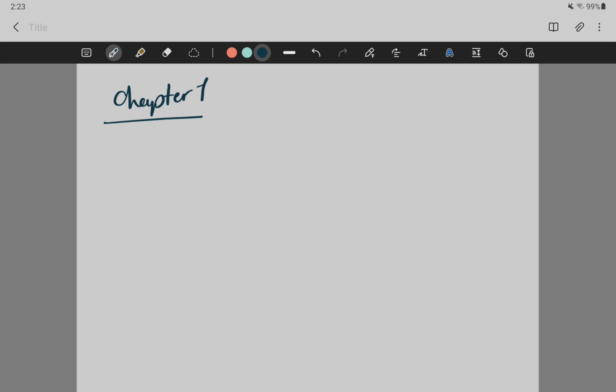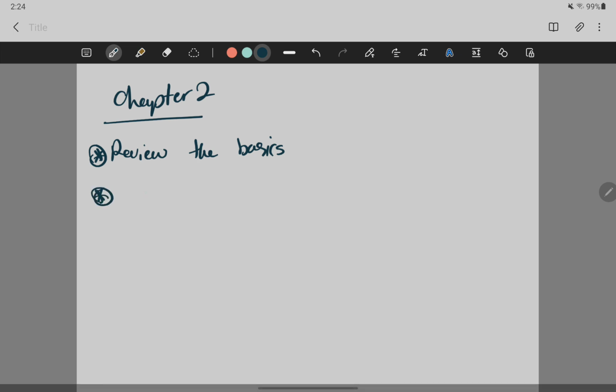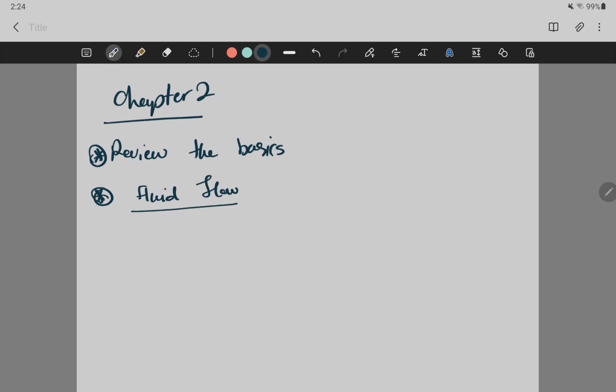So in this chapter, which is chapter 2, we are going to review the basics again a little bit, just for like 10-15 minutes. Then from this, we are going to graduate to talk about the fluid flow that is related to propulsion.